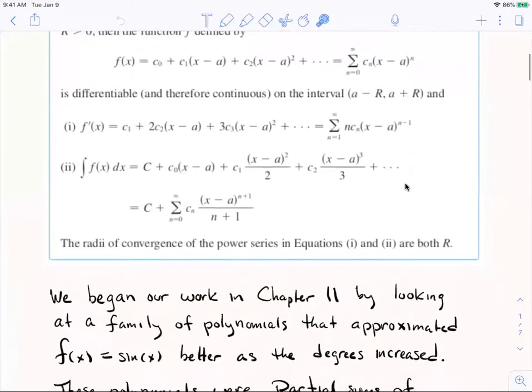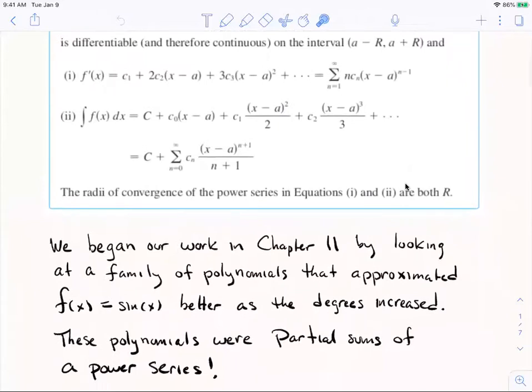We started our whole work, it seems like it was a long time ago, but I tried to motivate the entire chapter 11 by showing you this sequence of polynomials that, the more and more terms I added to it, the closer and closer it approximated the sine function. You remember that? You can go back and watch the video again if you can't remember it.